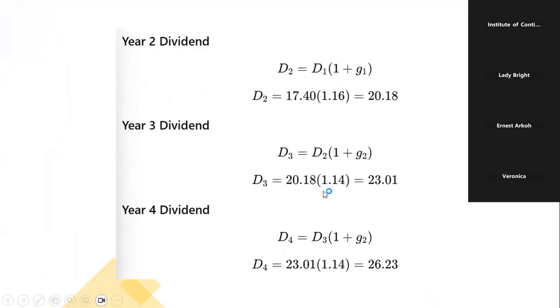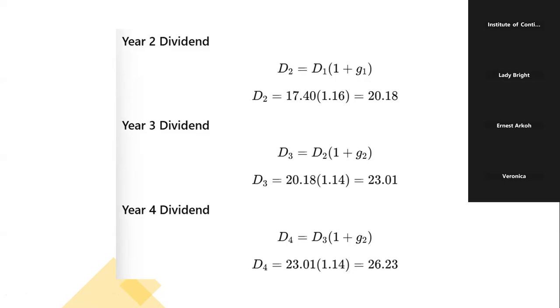So 1.14 times the last dividend price of 20.18, giving you 23.01. Then you go to the fourth year. The fourth year, you are looking for dividend using the last year's dividend, and then you add the growth to it. So your last year dividend is 23.01. You add the percentage of change, which gives you 26.23. So D4, 26.23.